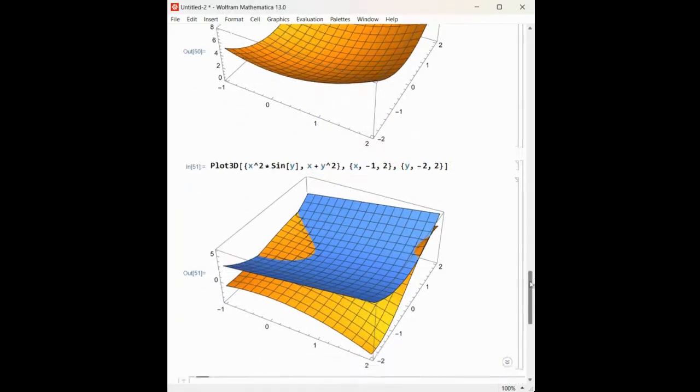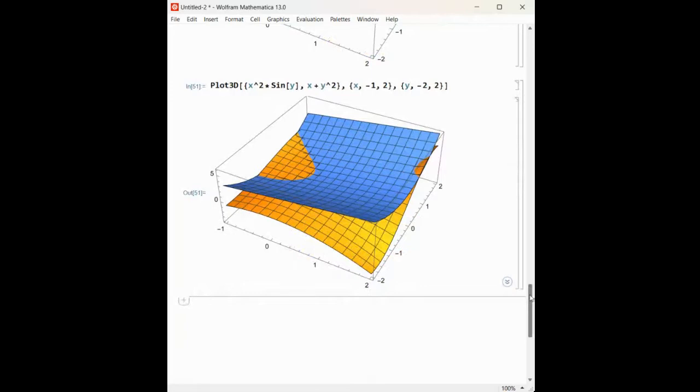So a lot we can do with this. So this is a 3D. Okay, so let's just quickly round up.